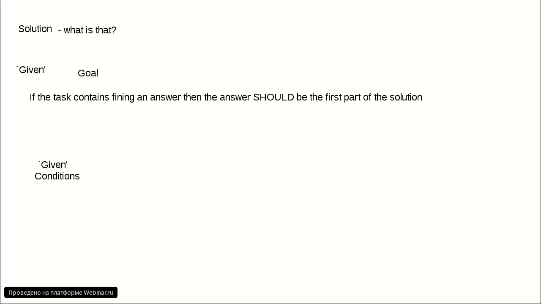So the conditions, the target question of the task as a goal, and here, if the problem is supposed to have an answer, then the target question is the same for all these problems.